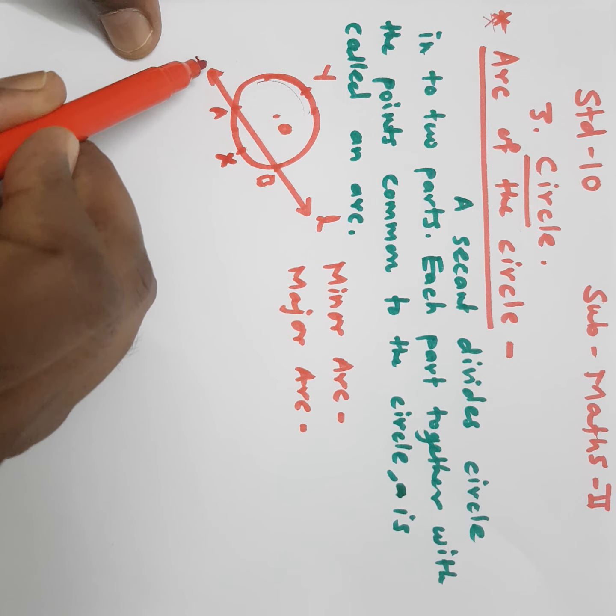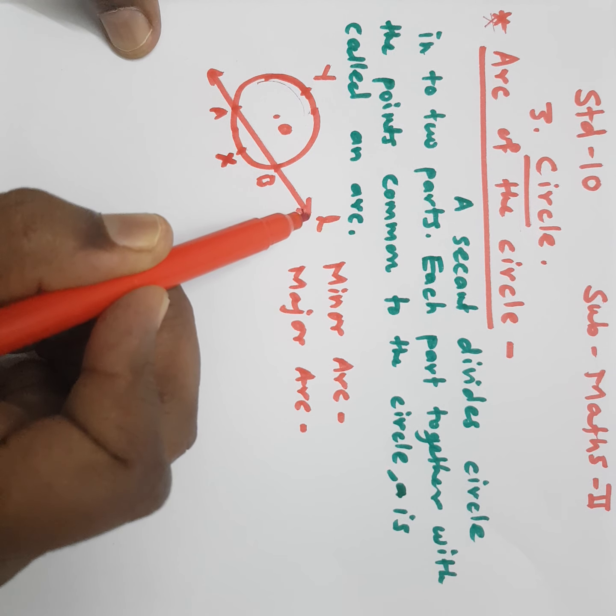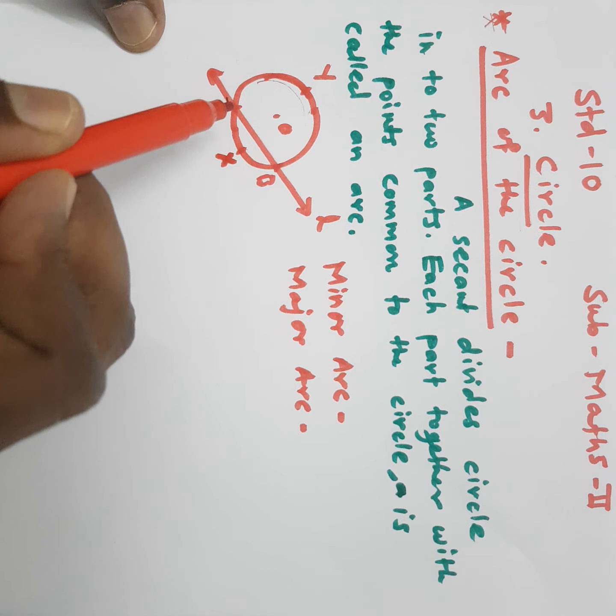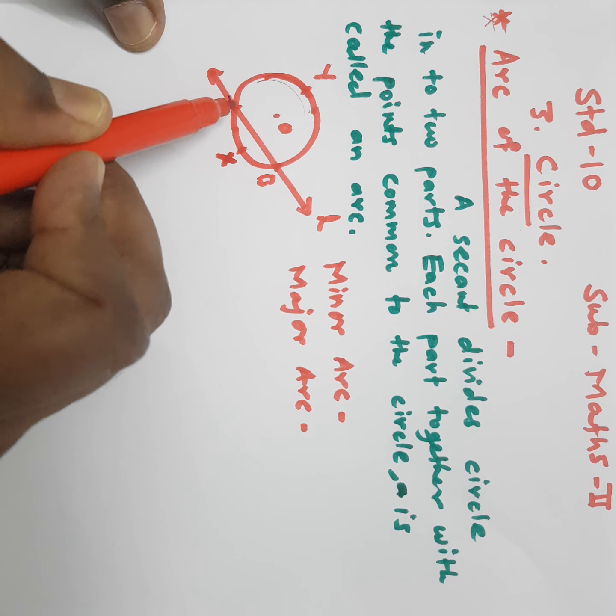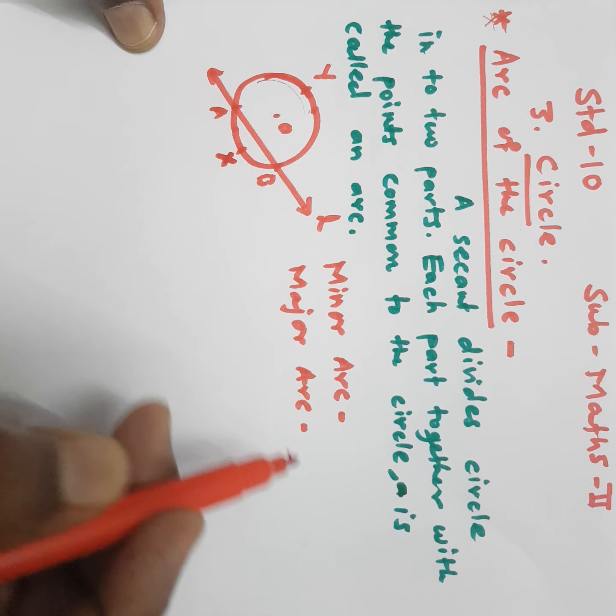Here line L is the secant and point O is on the side of arc AYB.